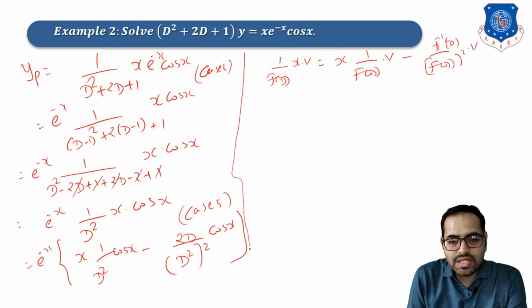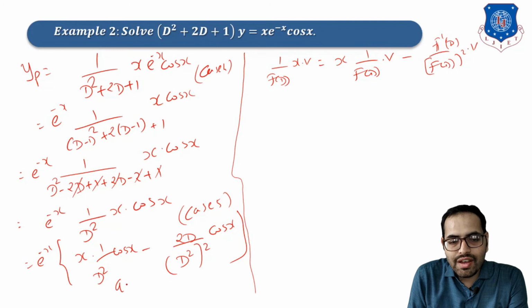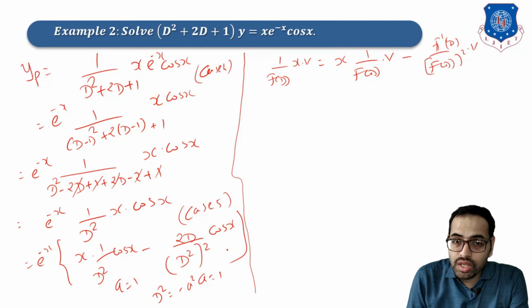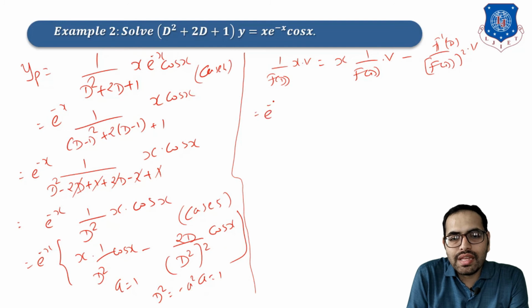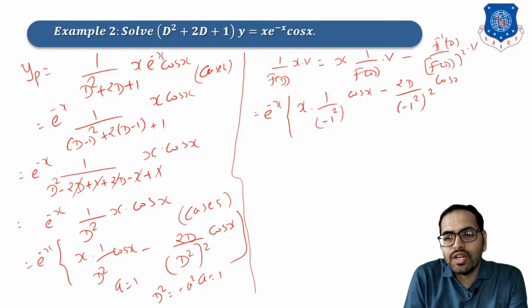Now we just apply case 4. According to case 4, here the value of a is equal to 1, and D square is equal to minus a square. According to case 2, we replace D square with minus a square. So e raised to minus x, x kept as it is, D square equal to minus 1 square into cos x, minus 2D kept as it is, with D square equal to minus 1 whole square into cos x.